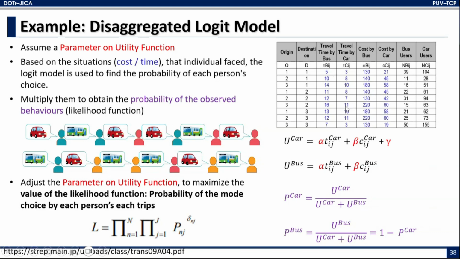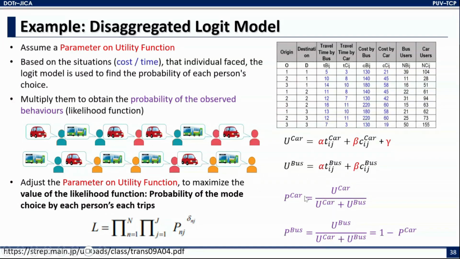In that case, by the OD pair, the given travel times and travel costs will be different. The utility functions of the car and of public transport can be expressed as alpha plus beta, and for car only, gamma is applied.